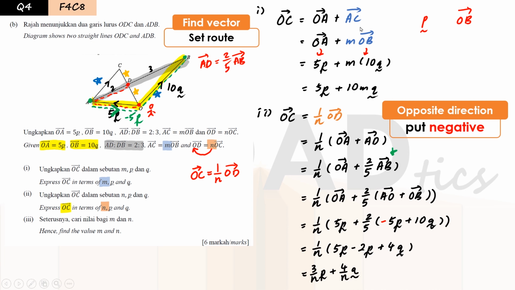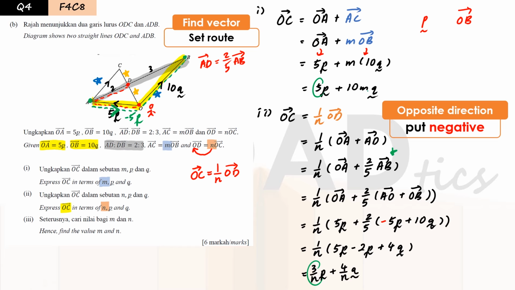It's just that it is in terms of m for part 1 and in terms of n for part 2. Which means the values of the same vector is the same. Okay, so for 5 and 3 over n, both of them are actually the same.